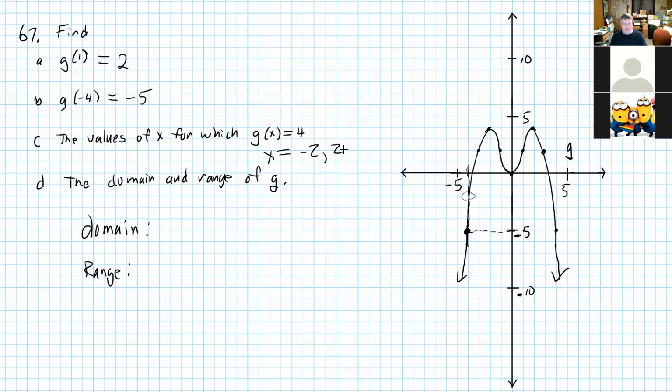What's the domain of G? Keep in mind, these are going down, but they're also going over, because if they weren't, it wouldn't be a function. So what's the domain? Negative infinity and infinity. So all real numbers, okay? What's the range? Smallest to largest.